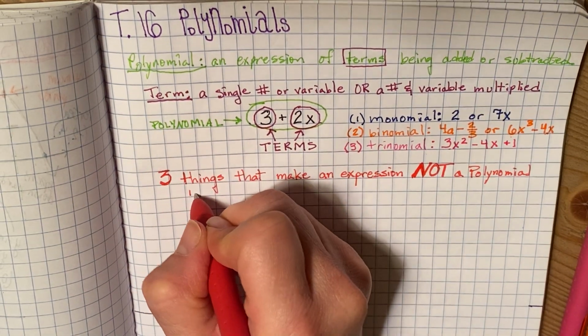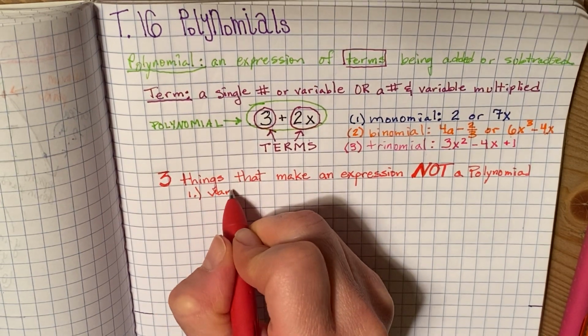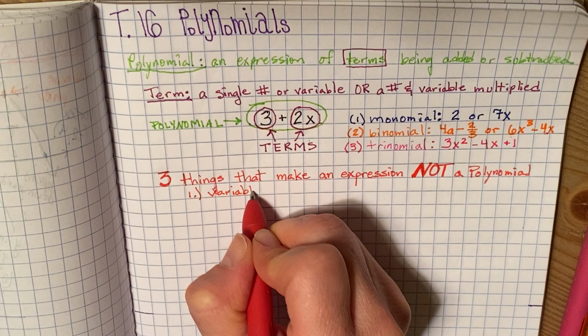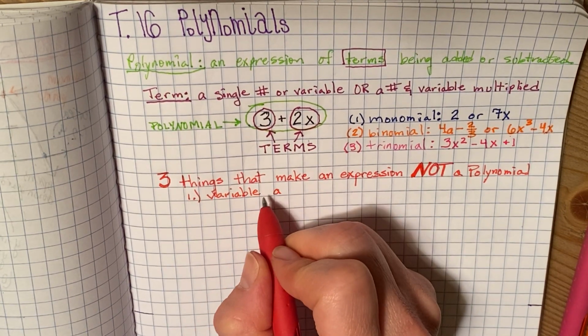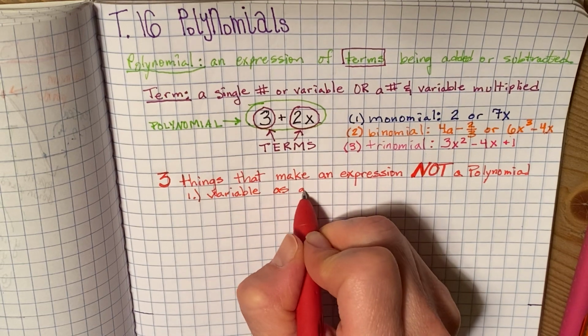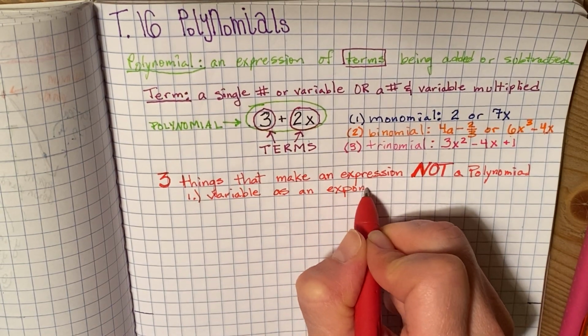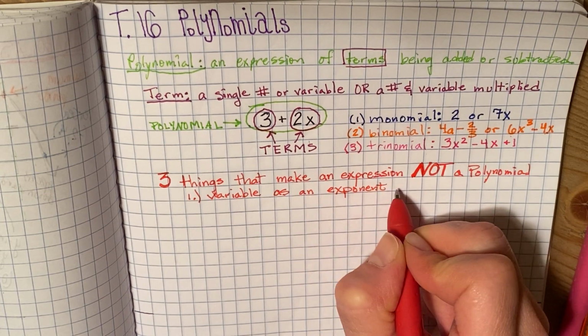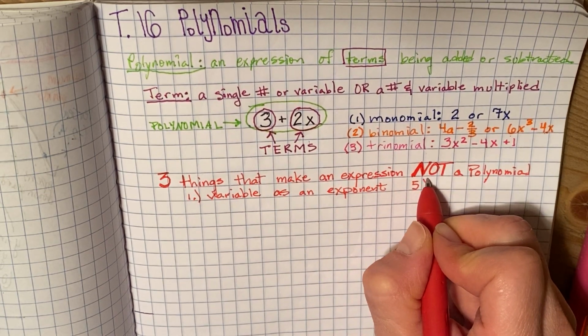So first thing, 1, if we have a variable as an exponent, what would that be? Do you guys remember? That's like 5 to the x.